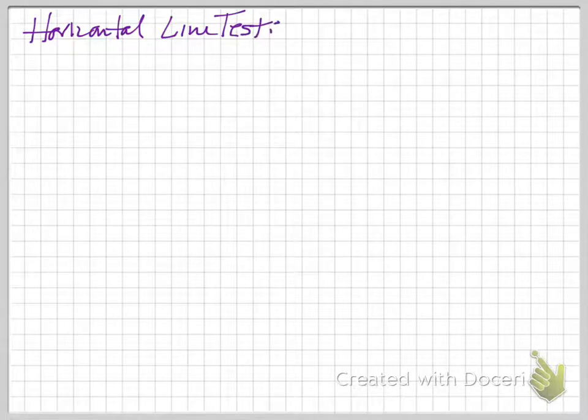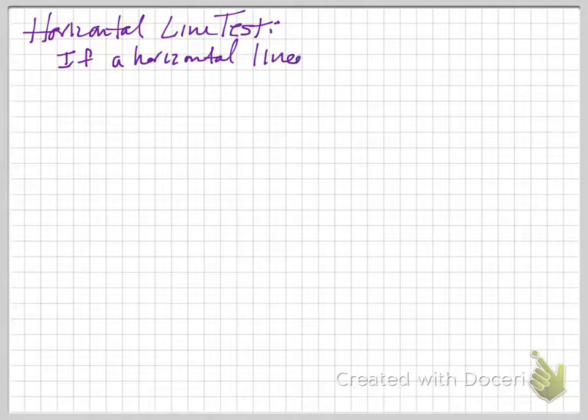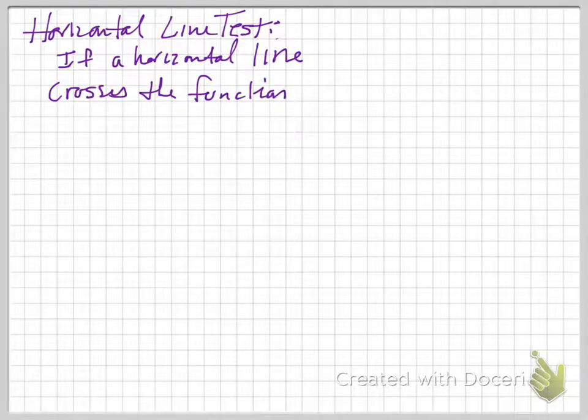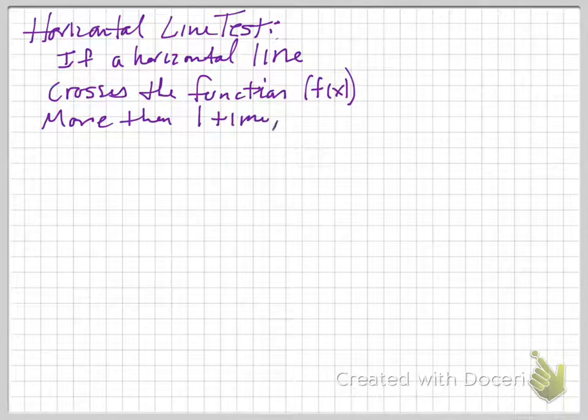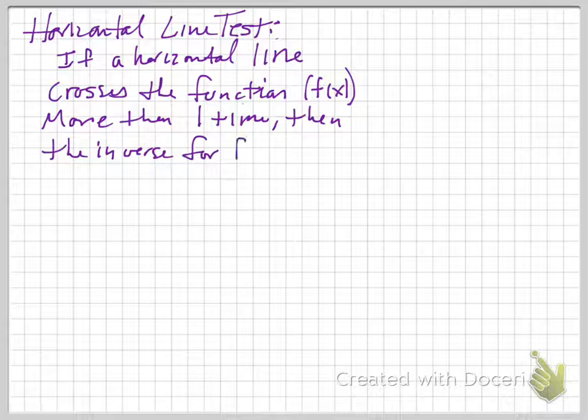Let me go to another page here. The horizontal line test is just saying the following: if a horizontal line crosses the original function f of x more than one time, then the inverse for f of x is absolutely not a function.